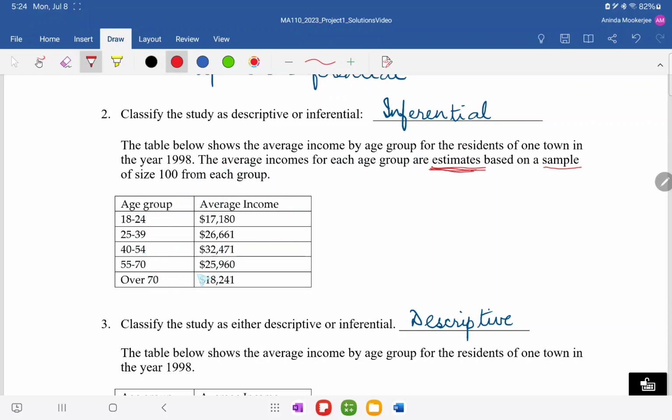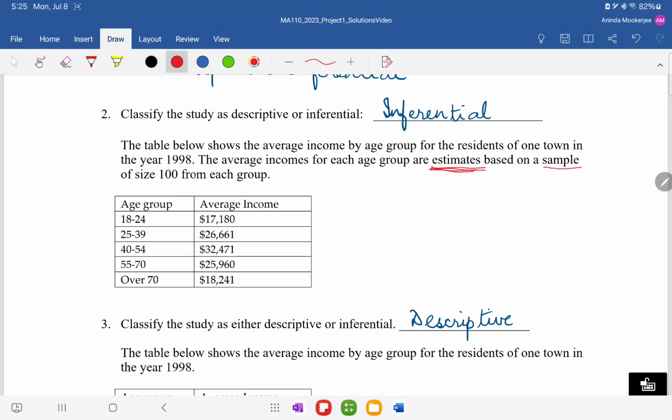So these are projections on the wider population, as inferential studies do. So this type of study would be an inferential study. All right, so if you are a bit confused, how do I know whether it's inferential or descriptive, go back and read the question and look for words like estimates and based on a sample and so on.